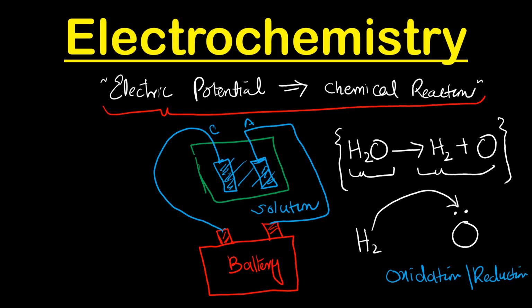So in simple words, if I conclude, electrochemistry is a branch of chemistry which deals with either a chemical reaction causing electricity or electricity causing a chemical reaction. A chemical reaction causing electricity, the example of this is the galvanic cell.